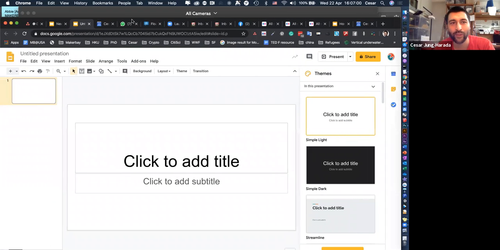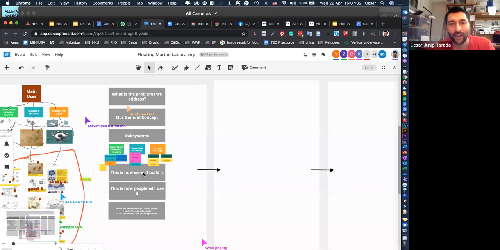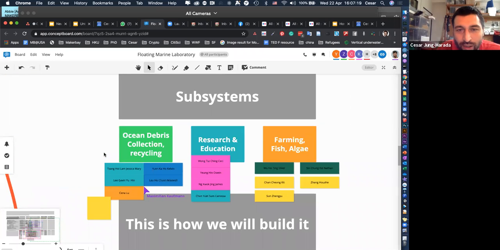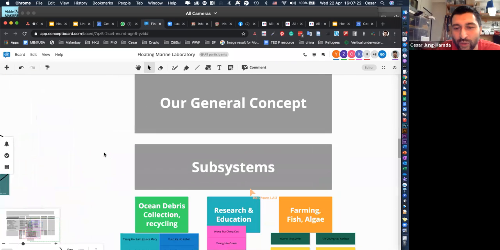So when we make the presentation on Friday, some of us present first the problem that we're trying to address. Then another person will show the general concepts. And then we're going to show the subsystems and how we're going to build it and how people are going to use it. So who would like to make a general view, a general drawing?